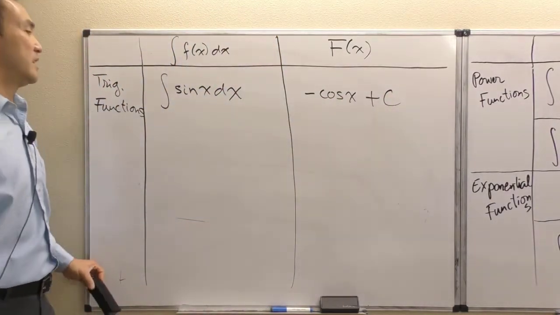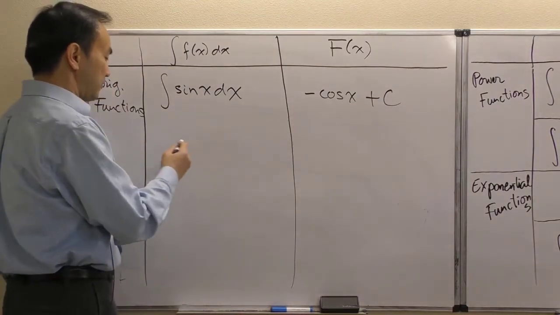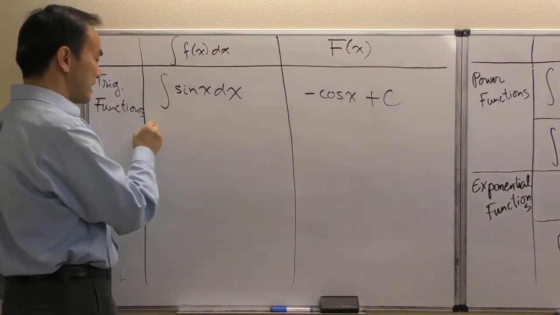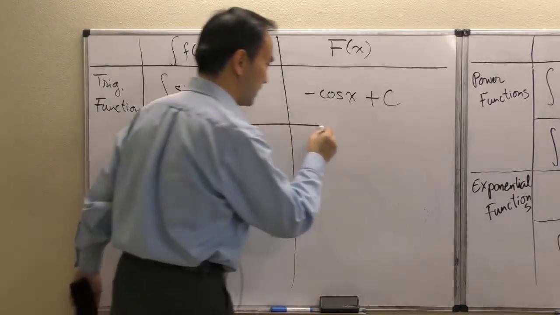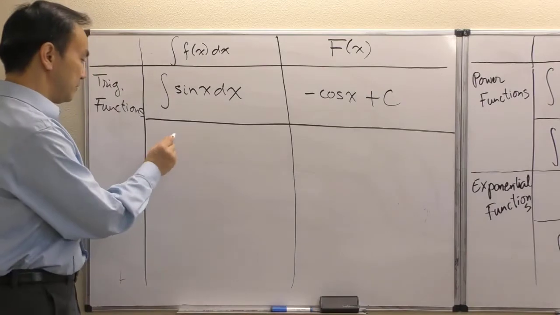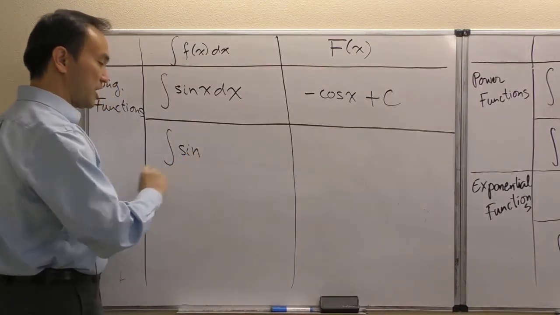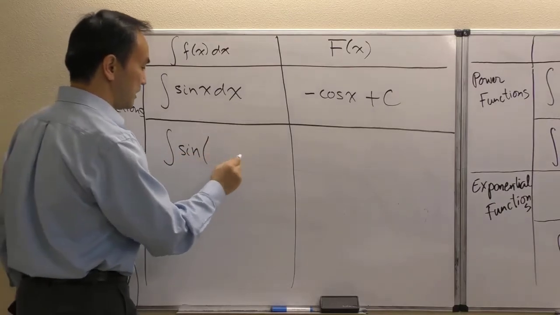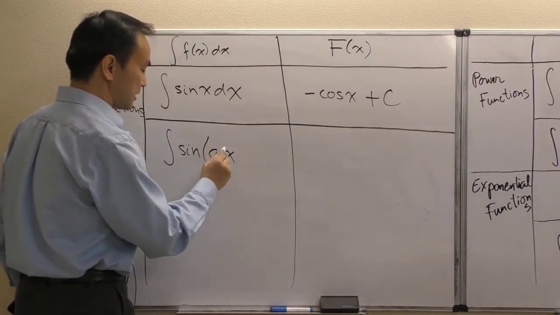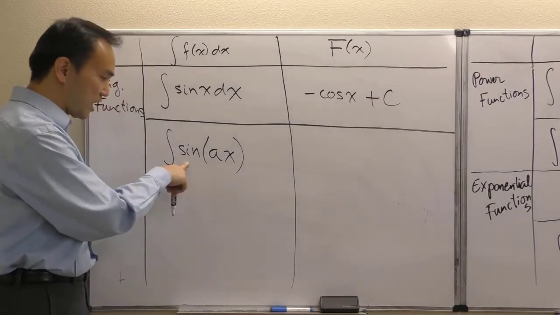Right now allow me to introduce a special case, and later on we will get a chance to nail this down. Generally speaking, anytime we're looking at the antiderivative of sine, but instead of x it's ax, similar to the e to the ax right here, we can do sine of ax.